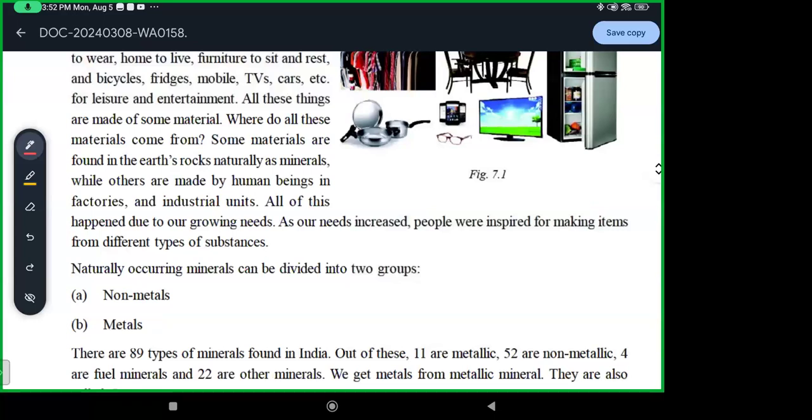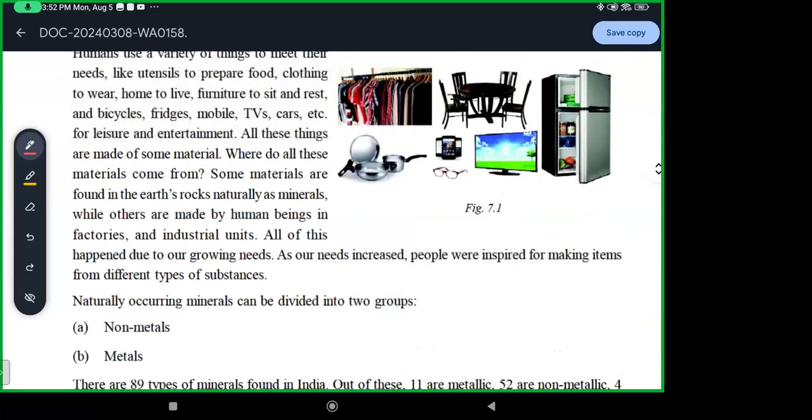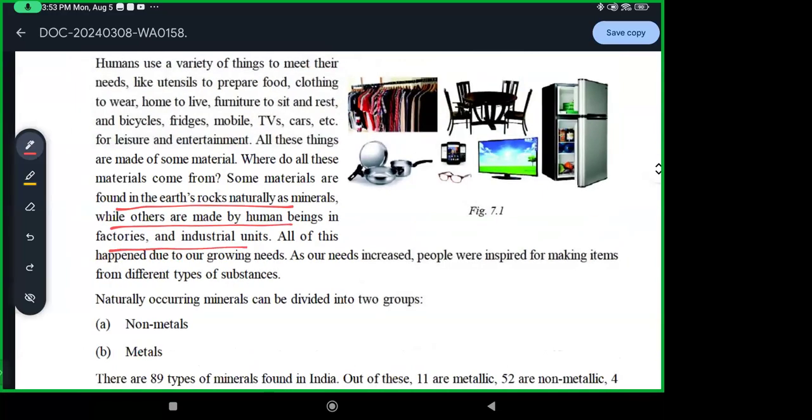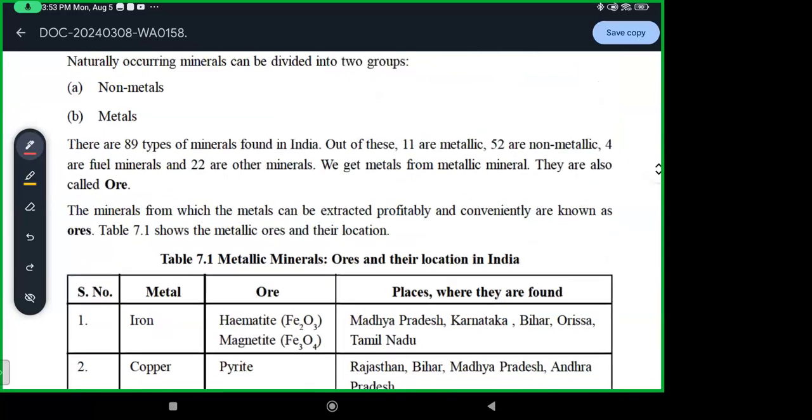And when we talk about materials, some of them are found in the Earth's rocks naturally as minerals, and others are made by human beings in factories and industrial units. So now we'll talk about minerals, metals, non-metals, all of them.